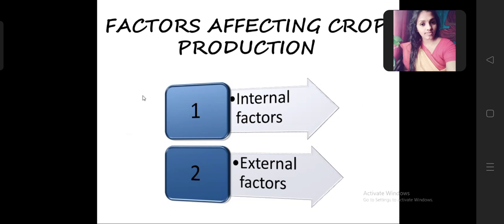Okay, so we will briefly discuss the main points here. Factors affecting crop production are the things which directly or indirectly influence the production and yield of the crop. It can be internal factors or external factors.